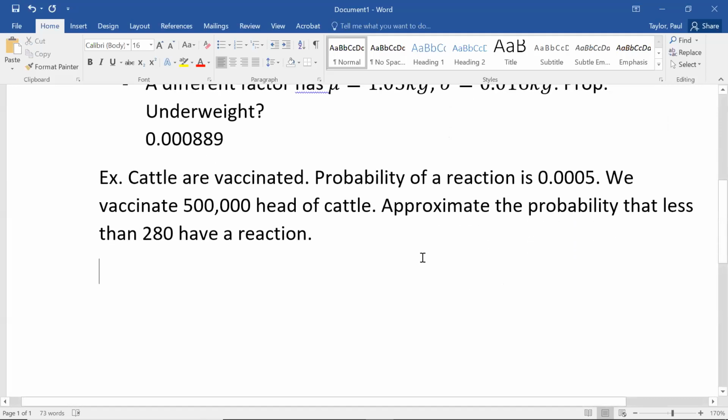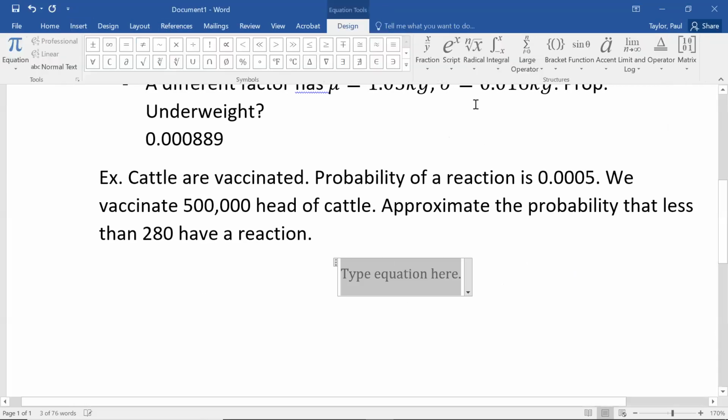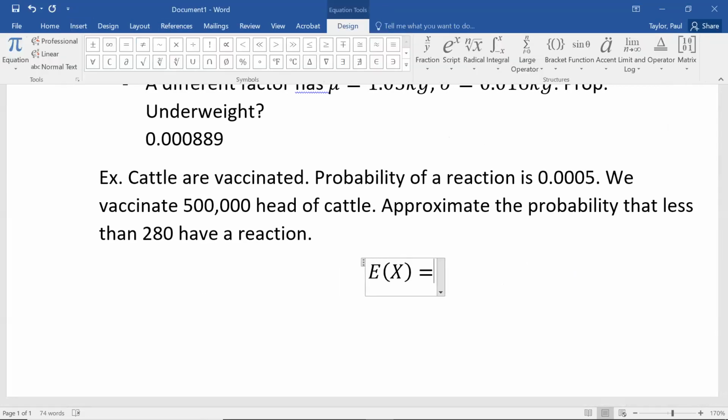We need to know what the mean and the standard deviation are going to be. Those come from the binomial distribution formulas for expected value and standard deviation. So what's the expected value? Well, we have 500,000 times we're repeating this trial. There's a 0.0005 chance of a reaction happening.